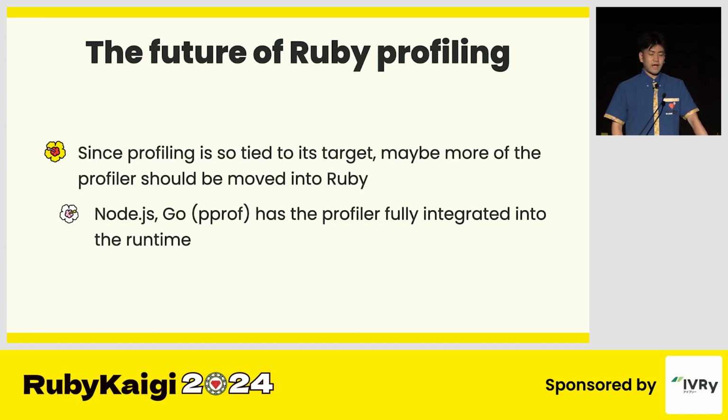Since profiling is so tied to its target, maybe more of the profiler should be moved into Ruby itself. I don't know what the Ruby developers think of this, but Node.js and Go have the profiler fully integrated into the runtime. So maybe that's a realistic way to do this.